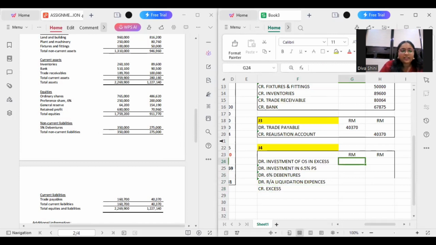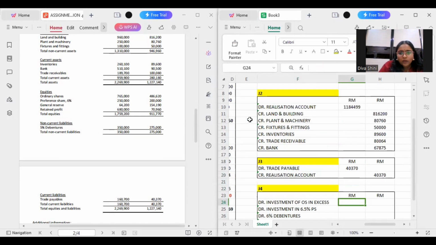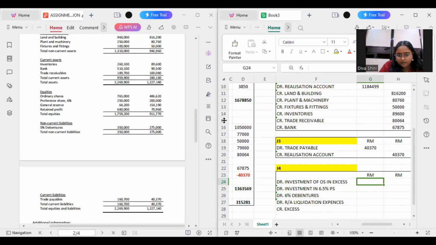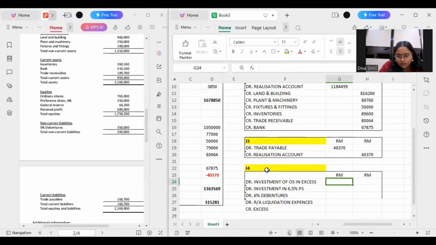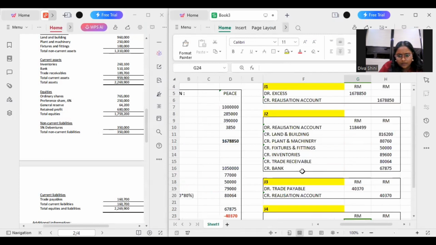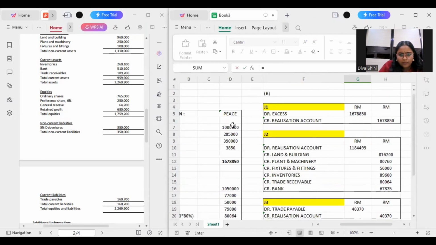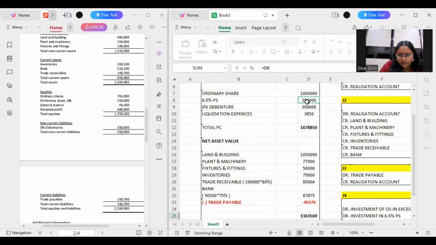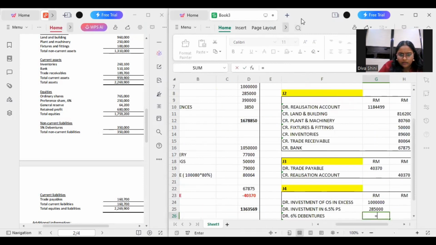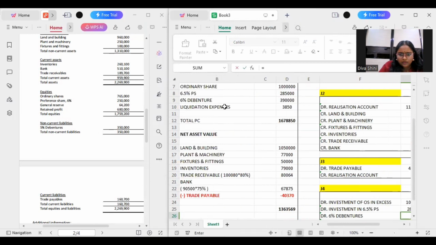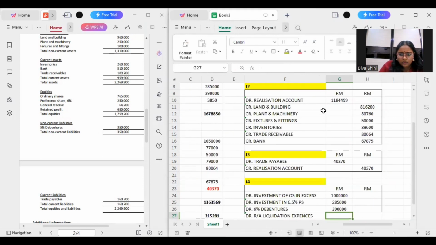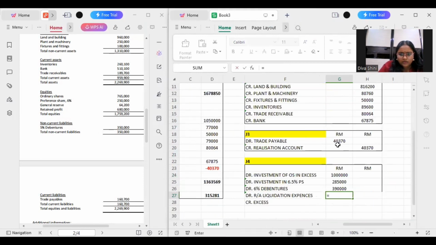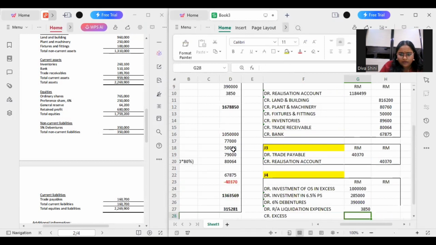So for this, we need to take the amount from goodwill. So from goodwill, the investment in OS is this one. 6.5% preference share, and 6% debenture, and liquidation expenses is 3850.